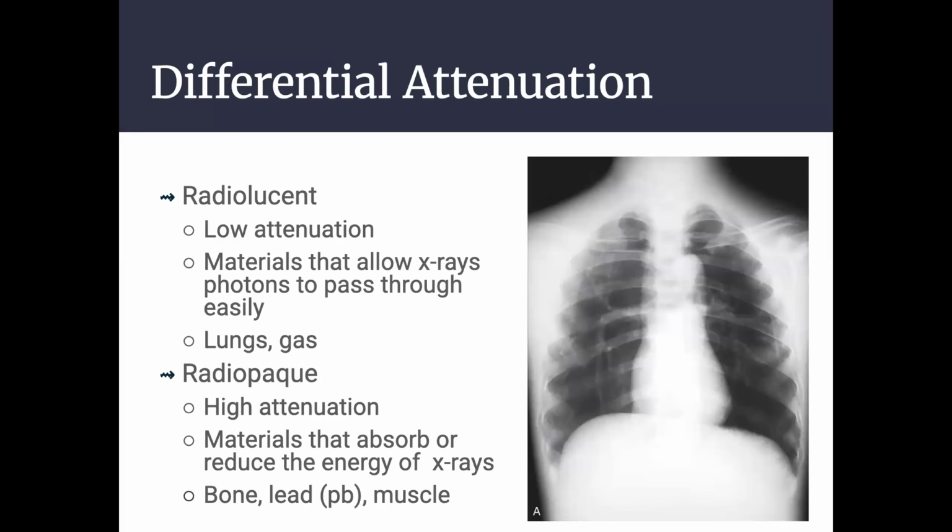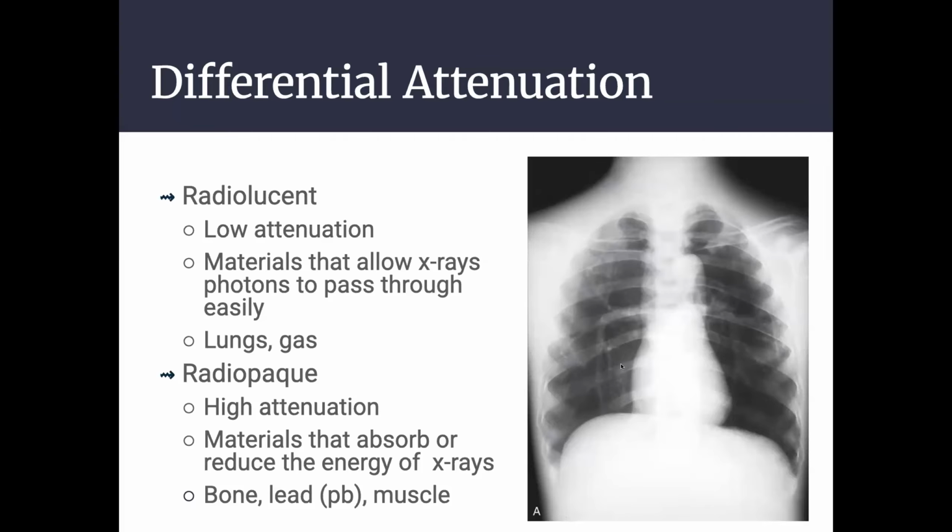So let's talk about those two words. The image on the right is an X-ray of the chest. And what I want you to see when you look at it is that there are areas that are obviously bones that look white or some shade of gray and white, okay? So here we have clavicles, we have these ribs, right? Lots of these ribs down here.